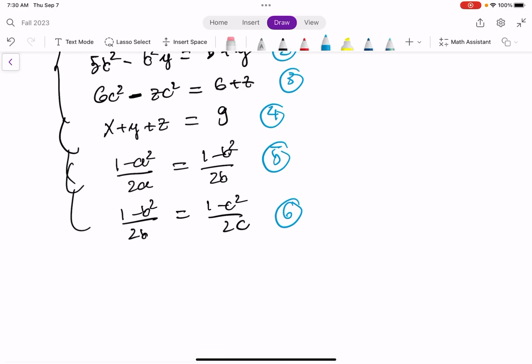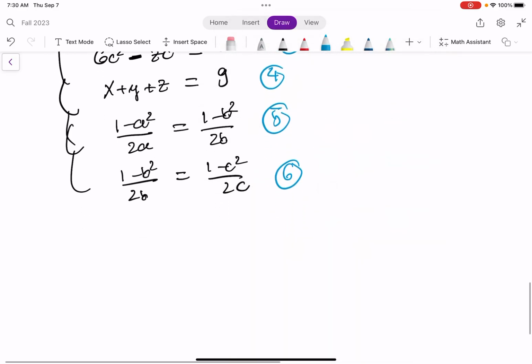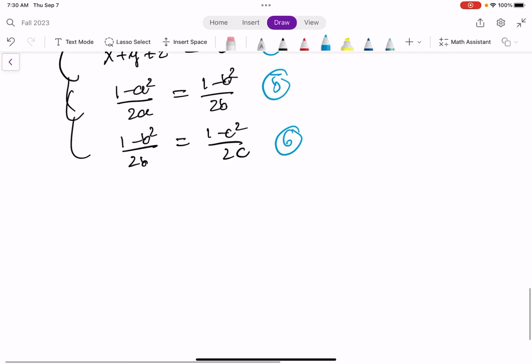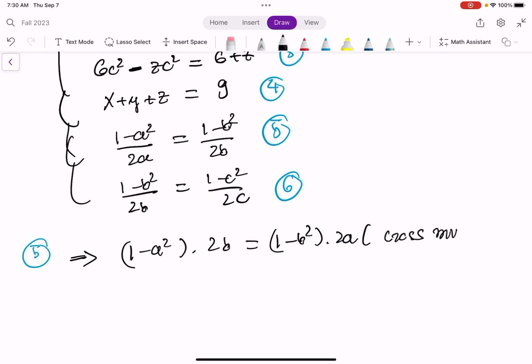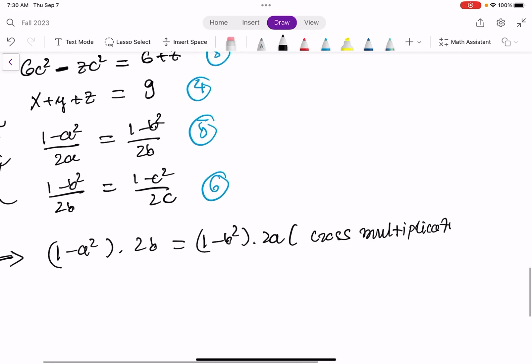You notice on 5, there's some sort of symmetry between the two sides, left and right. So this is a good place to start. From 5, if you do cross multiplication, you get (1 minus a squared) times 2b equals (1 minus b squared) times 2a. This is because of cross multiplication.